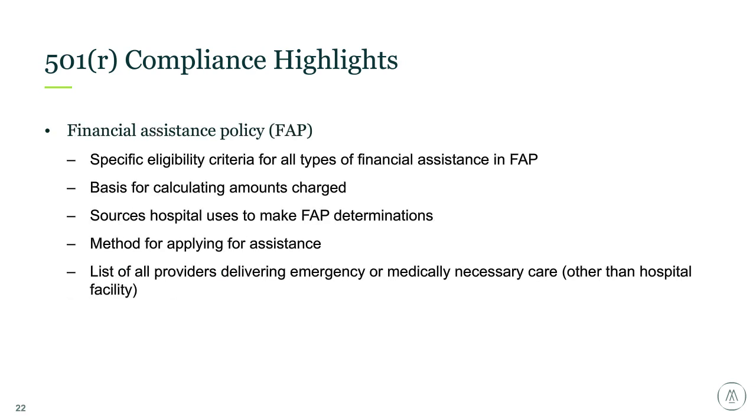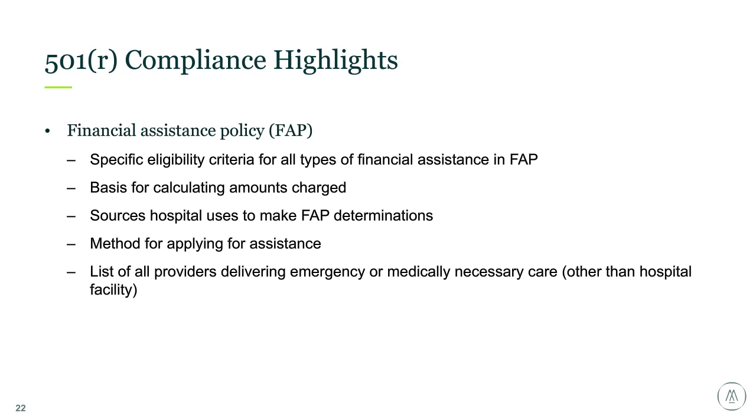On the financial assistance plan, it needs to list the specific eligibility criteria for all types of financial assistance. It must apply to at least all emergency and other medically necessary care. It needs to have the basis for calculating amounts charged. If assets are taken into account, specific asset eligibility limits for each type of financial assistance need to be there.